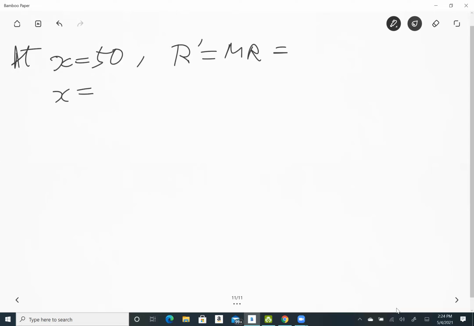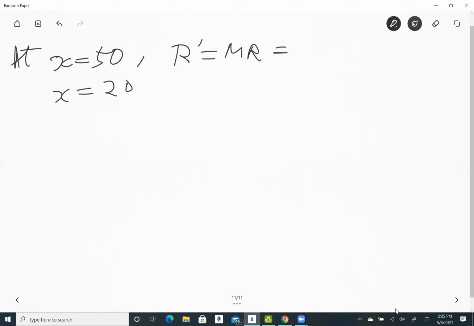Try x equal to 20. Take a look at 20. What do you get? 10.12.